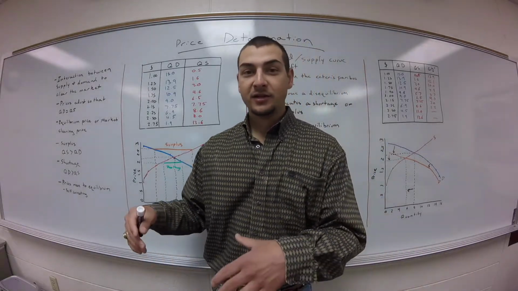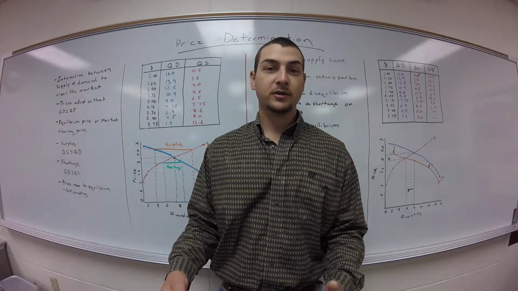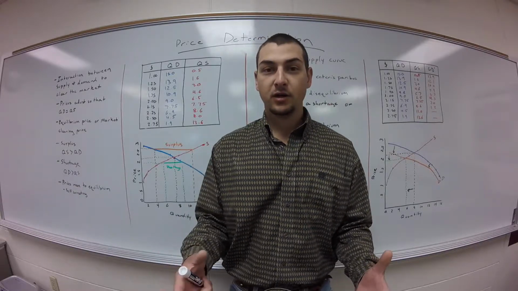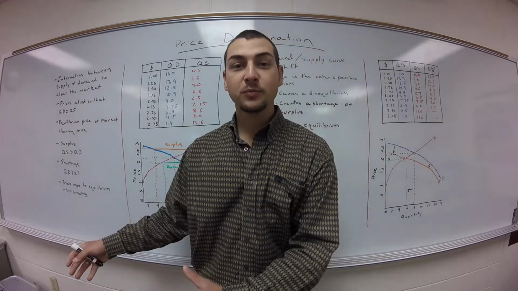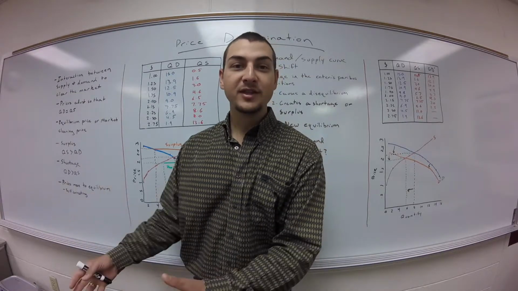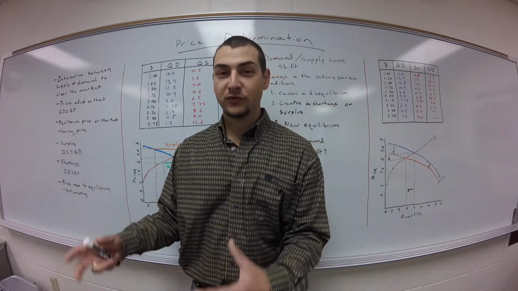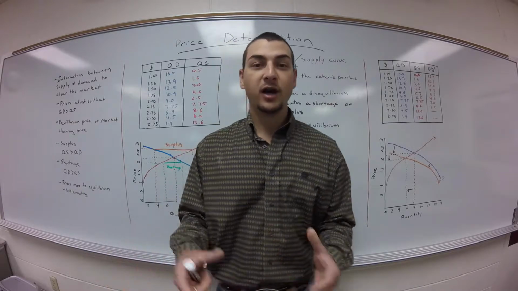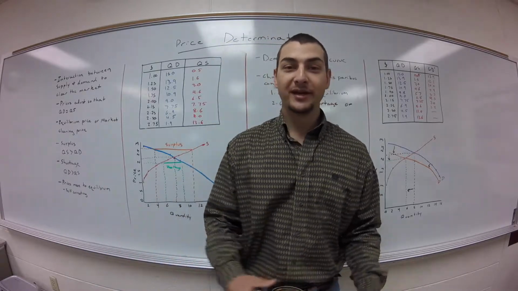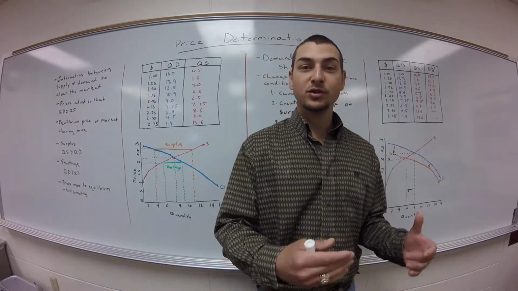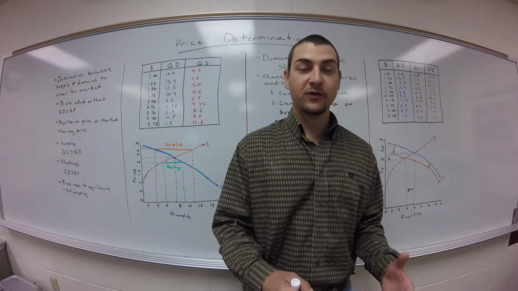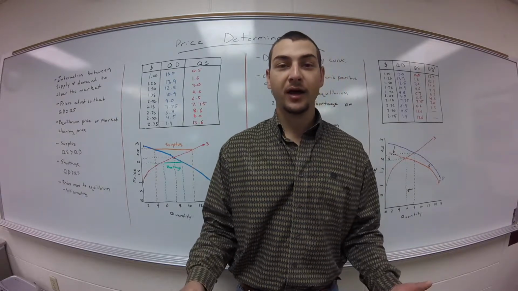Let's say that the price of lettuce is $1 a head. We have a whole bunch of producers who produce, say, 50,000 heads of lettuce at $1 per head, and they're very happy with that. That's the amount that they're willing to offer at that single specific price. That would be quantity supplied.